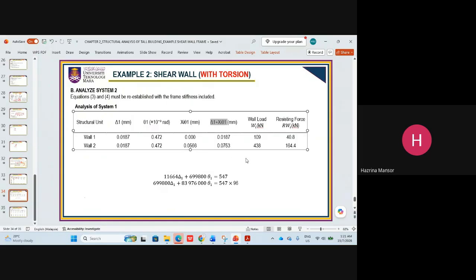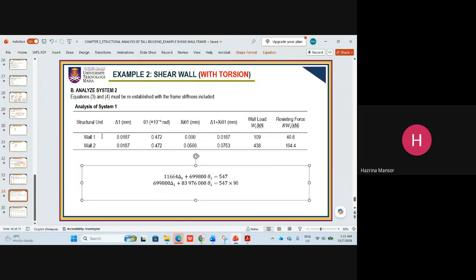So this is the value. And therefore from the wall load, you get 109 kilonewton and 438, whereby R is 3 over 8, Wi is 109. So you can have 3 over 8 times 109. So you get 40 over 8. And similarly for this same one. So this is the analysis of system 1.